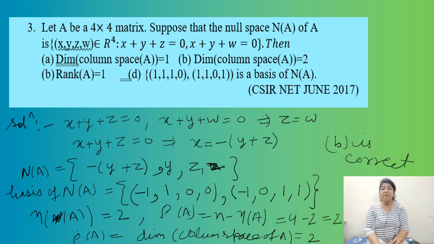Whatever variables were given to us, we reduced them to two variables, y and z, and then we wrote the basis for the null space. Then we evaluated the rank of A by the Sylvester law, and ultimately we know the result that rank of A is equal to the dimension of the column space of A, which is equal to 2.